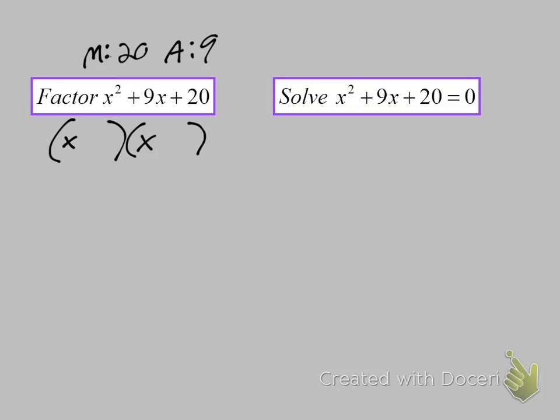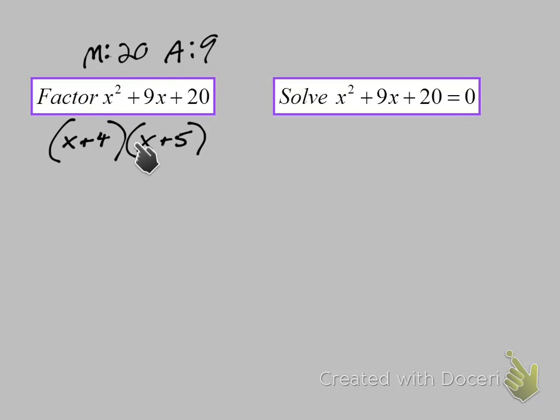4 and 5. Multiply to 20. Add to 9. Because, remember what you're doing. You are unfoiling this trinomial. So if you were to refoil it, it should give you x squared plus 9x plus 20. So check it. X times x, x squared. Fantastic.